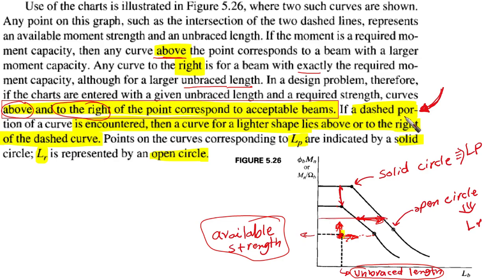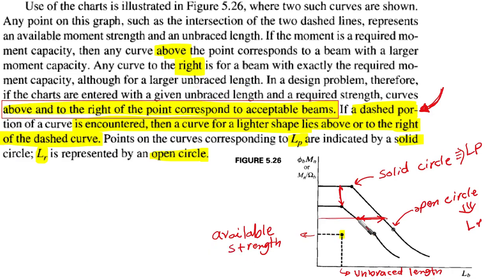If a dashed portion of a curve is encountered, then a curve for a lighter shape lies above or to the right of the dashed curve. This means that if you are going to see, for example, some curve that is denoted like this, whenever you choose this curve, it is fulfilling whatever you are searching for, right?